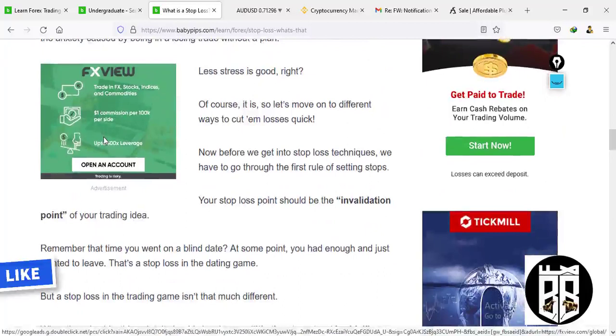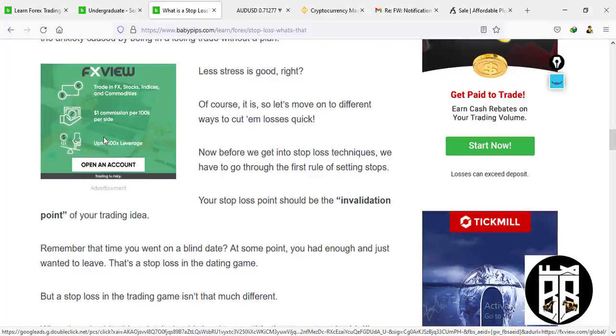Of course, it's easy to cut losses and move on to better opportunities. Your stop loss should be the invalidation point of your trading idea. Remember when you went on a blind date, and at some point you said to yourself, oh no, this blind date is not going to work, I've had enough, and you wanted to leave, and boom, you left?